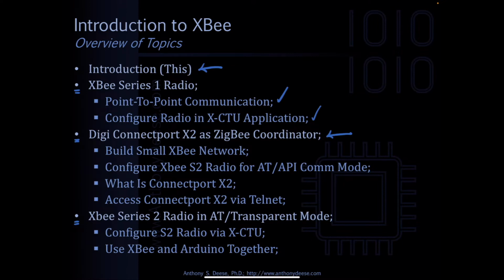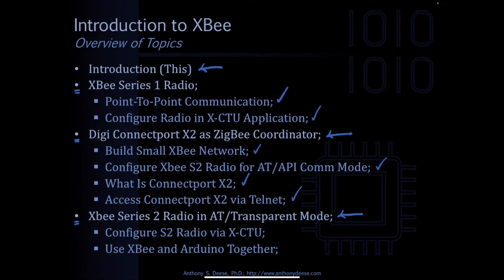We're going to discuss how to build a small ZigBee or XBee network. We are going to discuss how to configure the XBee Series 2 radio for AT and API communication modes. We are going to answer the question, what is the Connectport X2 and why do we need a ZigBee to Ethernet gateway? And we're going to discuss how to access the Connectport X2 using Telnet.